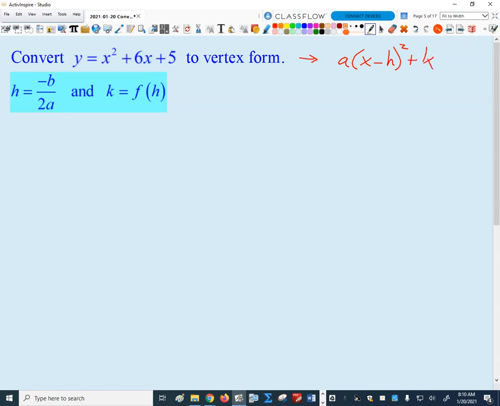Well, we can see up here that in this case, a is equal to 1, b is equal to 6, and c is equal to 5.